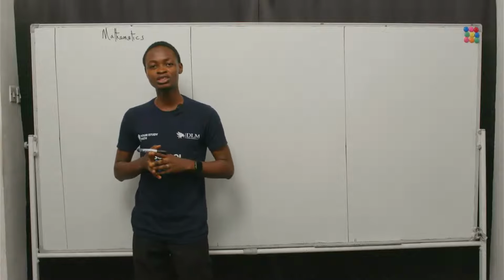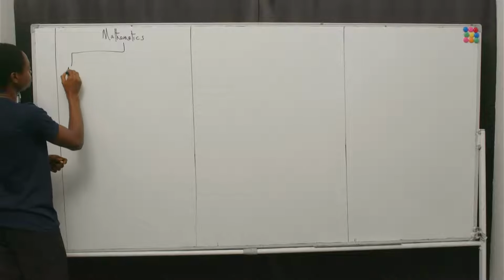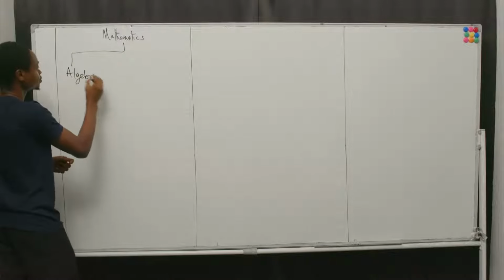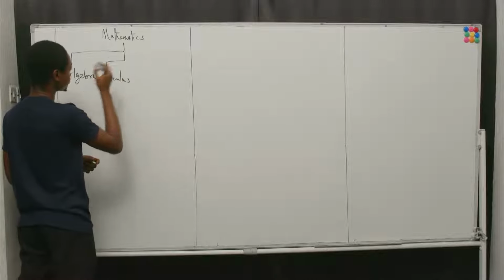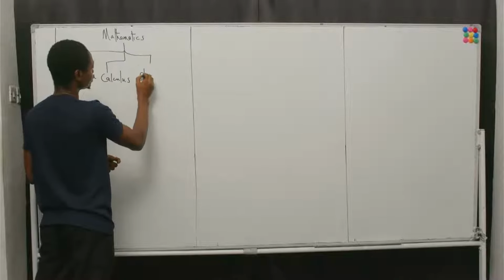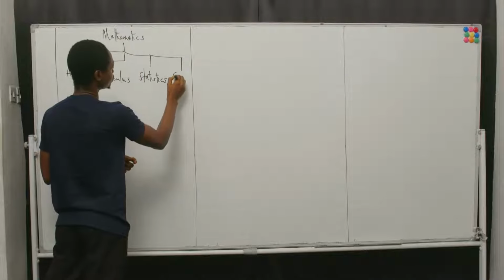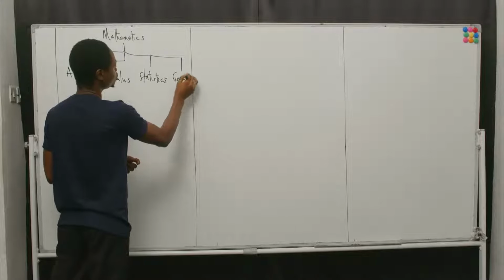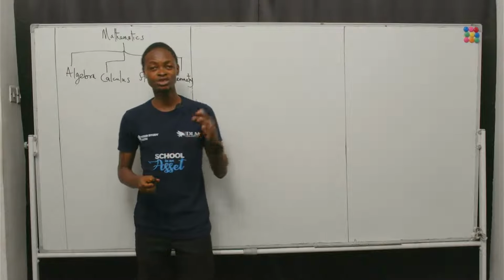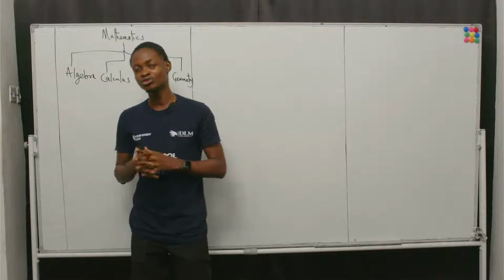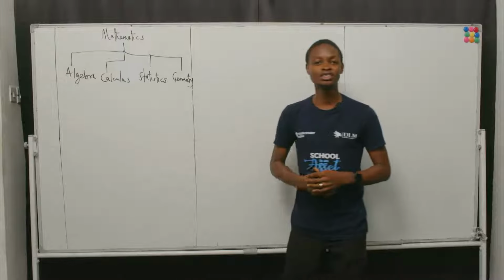Now, these core topics can be identified under the branches of Algebra, calculus, statistics, and of course, geometry. Every single topic that you will have at O-level and of course A-level mathematics will cut across these four major branches.